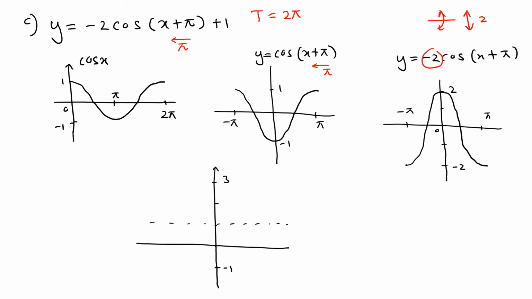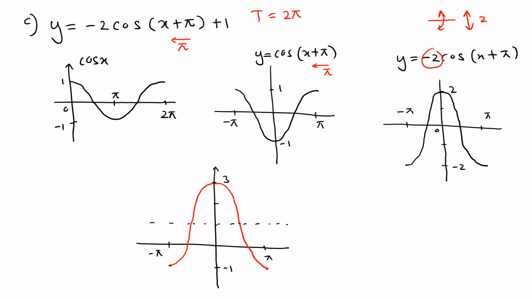What happened is these numbers are not going to change. So it's negative pi and pi. You can start here, lift up 1, go to 3 and come back and go to negative 1.